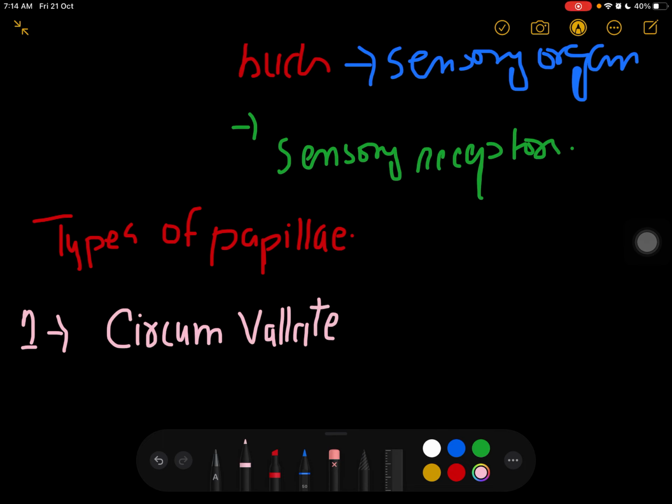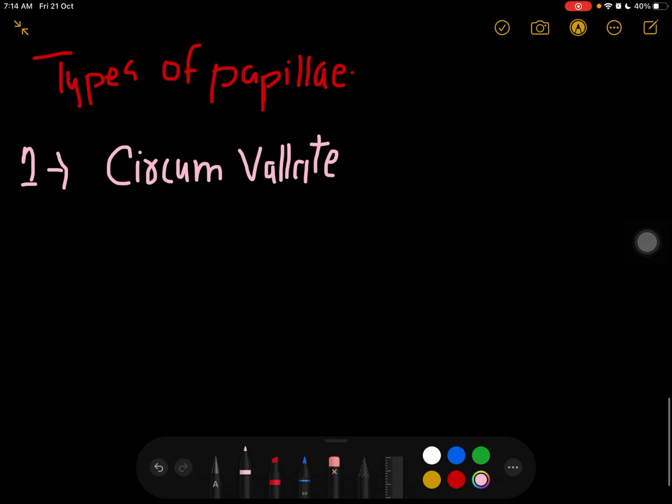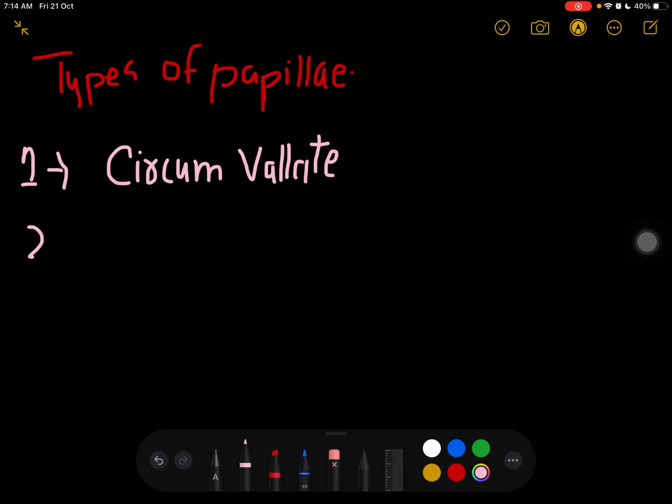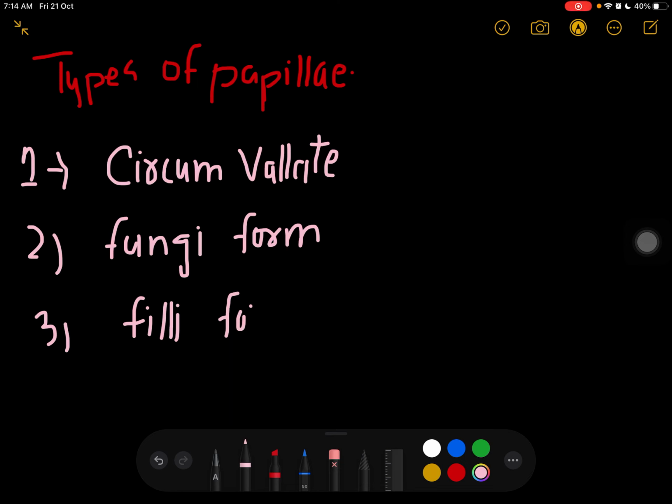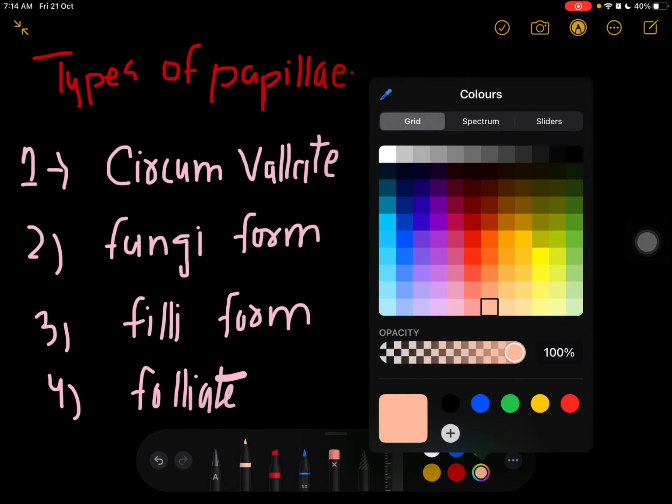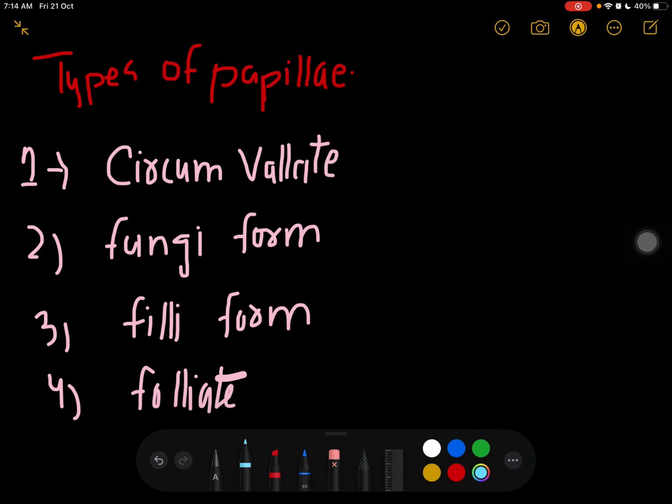First I will discuss the names, then I will tell you the function, the numbering, the range, and the location of each papilla. Number 1 is circumvallate. Number 2 is fungiform. Number 3 is filiform. Number 4 is foliate. So we have four types of papillae: circumvallate, fungiform, filiform, and foliate.